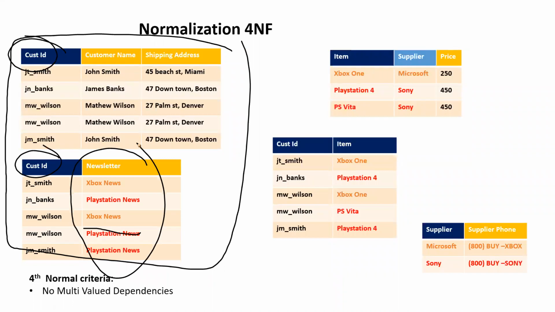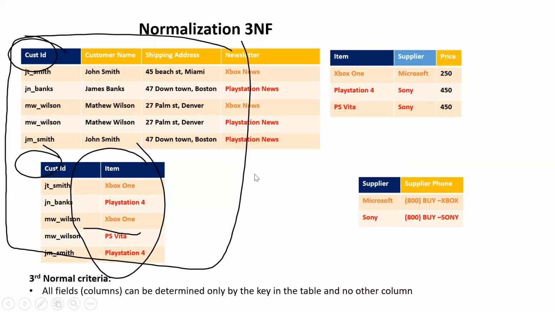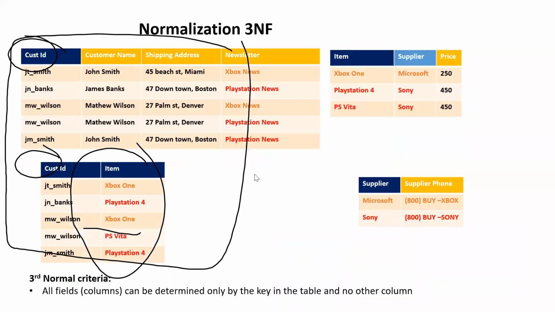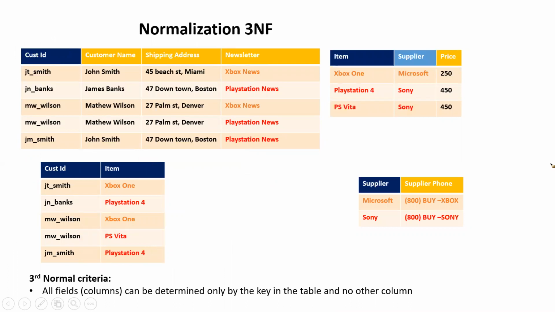Now, what is the benefit of this? The benefit is this. For example, let's say tomorrow MW Wilson says that I don't want the PlayStation newsletter. Then what will happen? In the previous table, I will have to update this record with null.